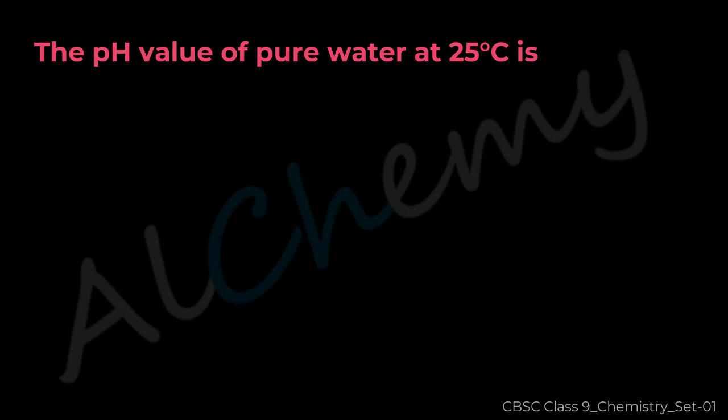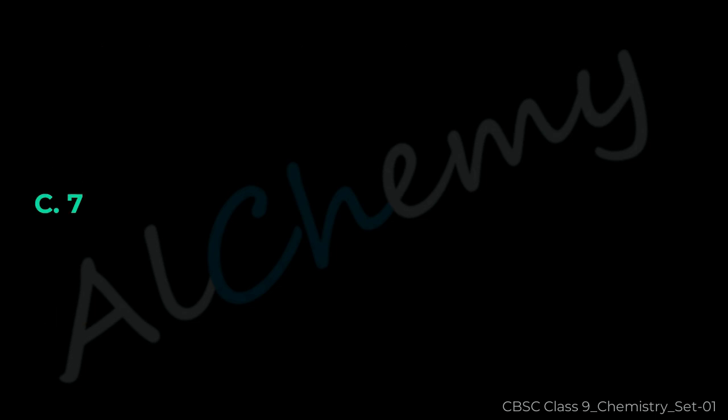Question 20. The pH value of pure water at 25 degrees Celsius is A. 5, B. 6, C. 7, D. 8. The correct answer is C.